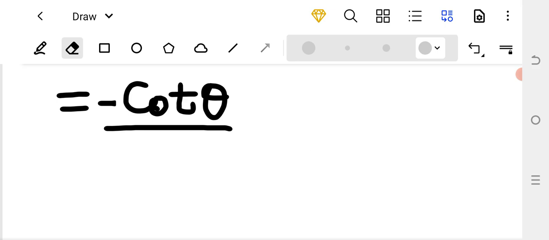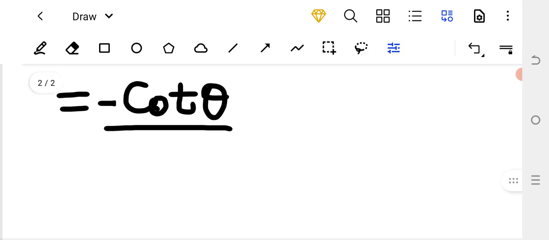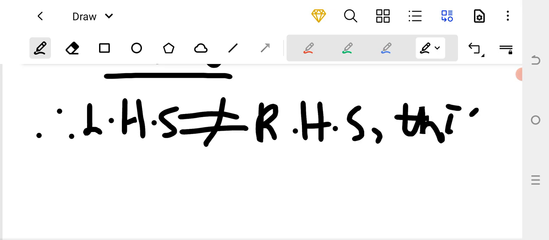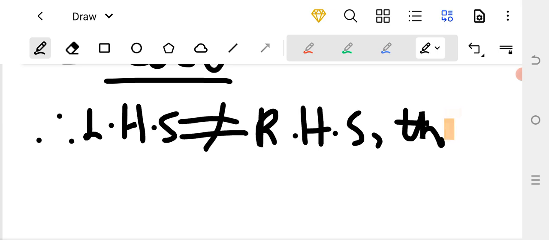Okay, so we would say, therefore, left hand side is not equal to right hand side. Then you can say this identity cannot be proven. How do you write it?